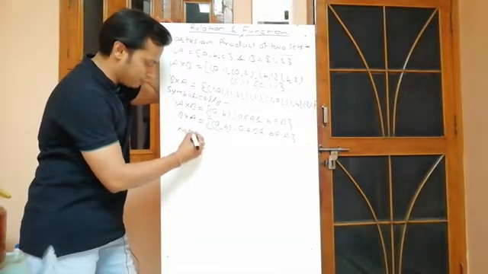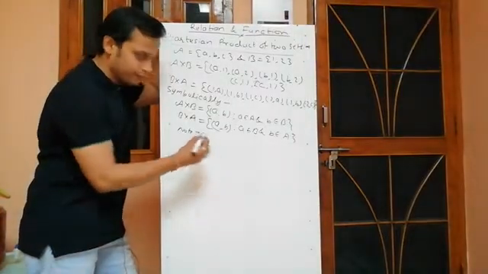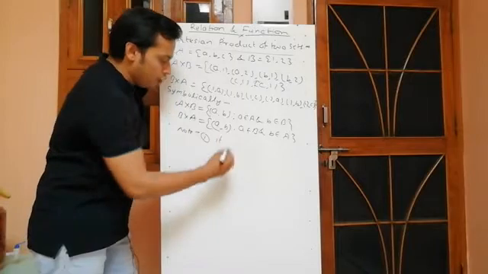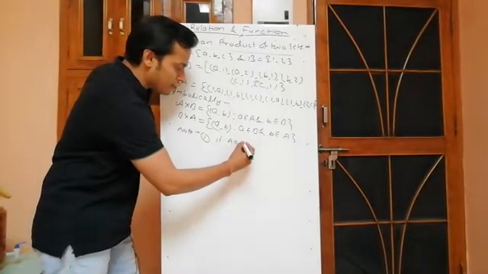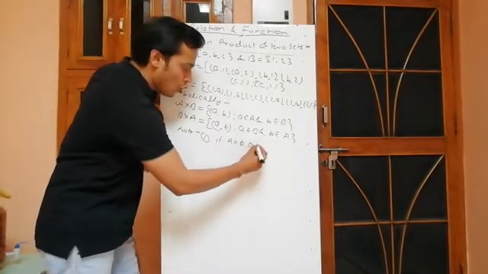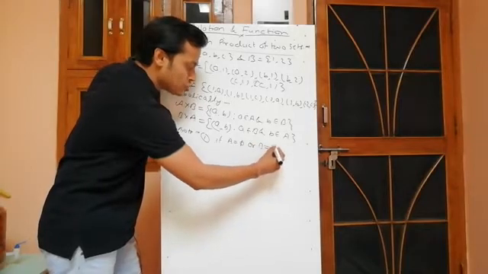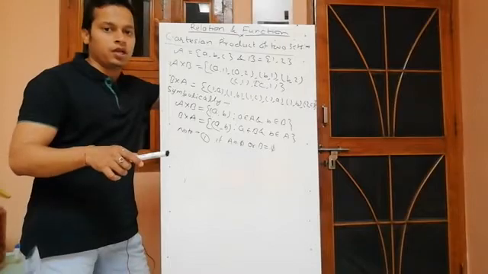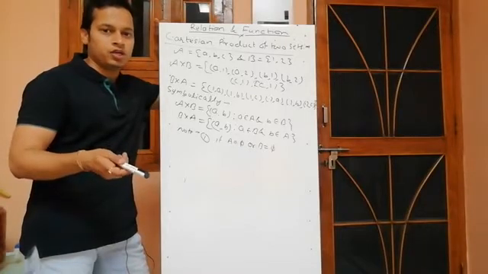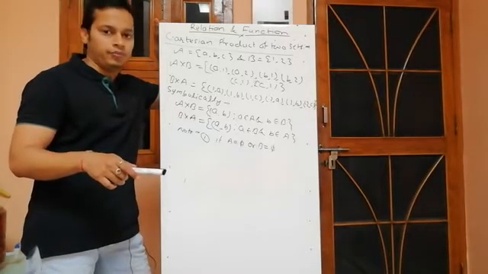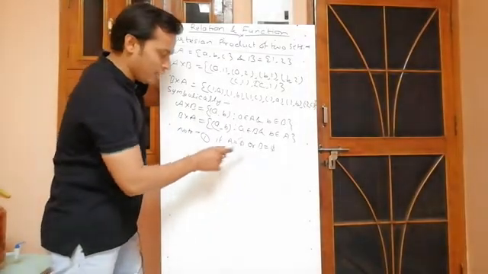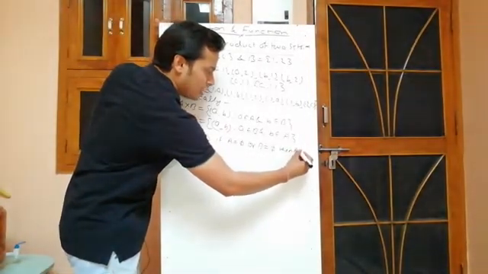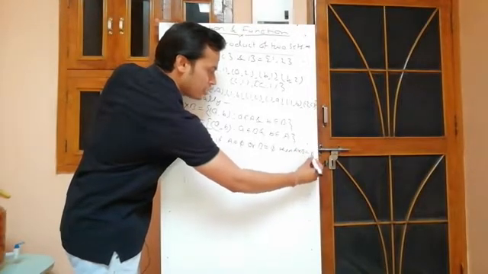So, note, first one: if A is equal to phi or B is equal to phi, if out of A and B anyone is the empty set, then A cross B is also an empty set. If anyone is empty, then A cross B is also equal to phi.